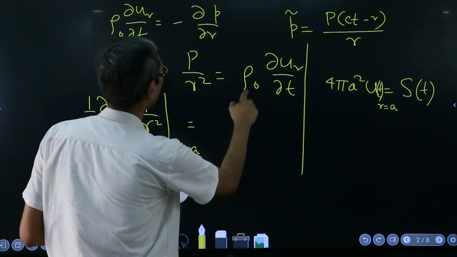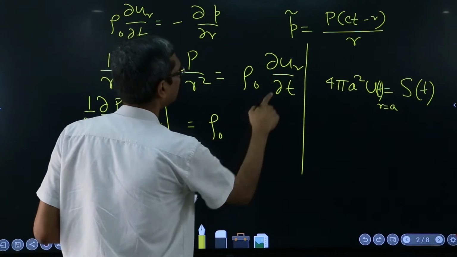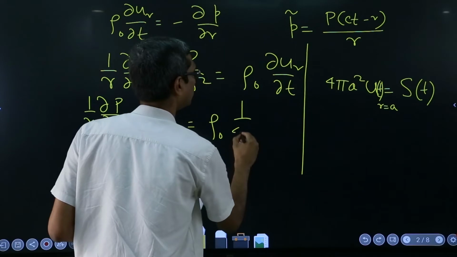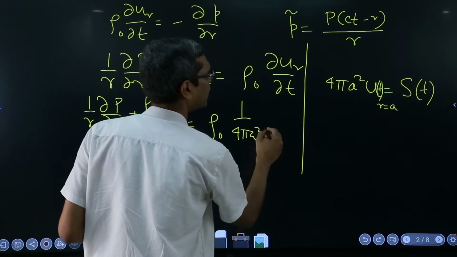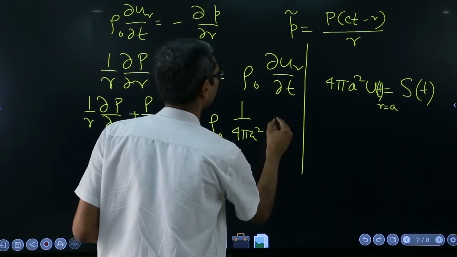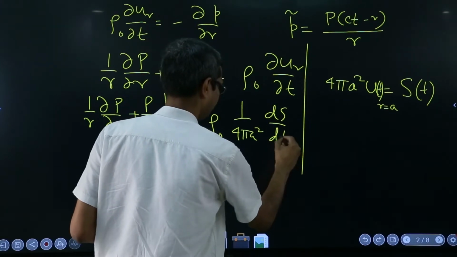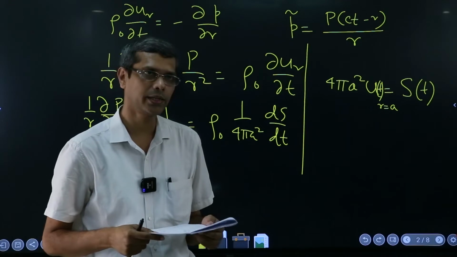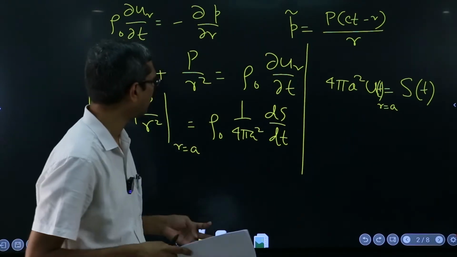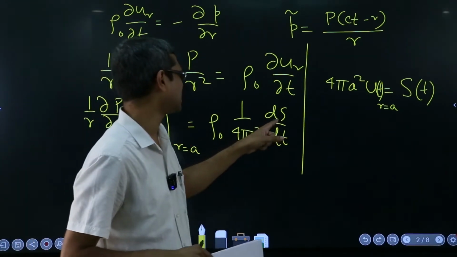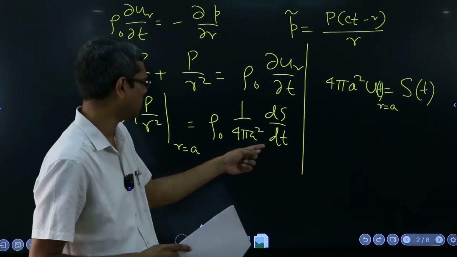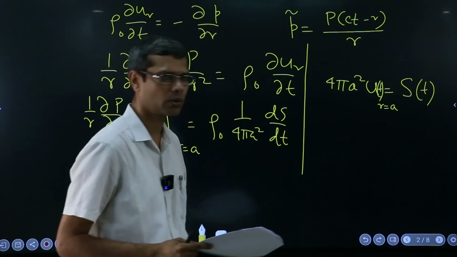So this will be rho naught, this will be 1 over 4 pi a square ds over dt, right. Because s is a function only of time, not of distance, so this can be a total derivative also, does not matter.